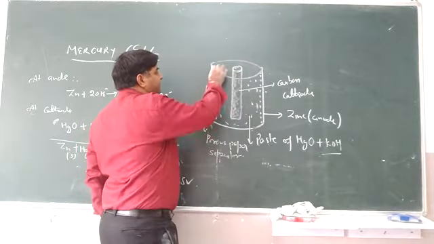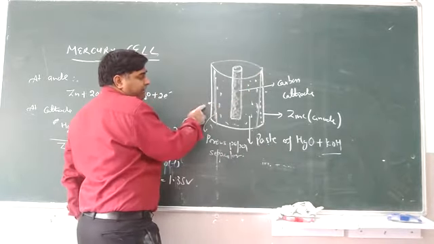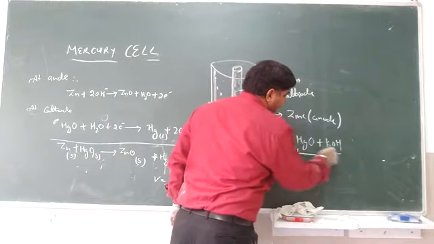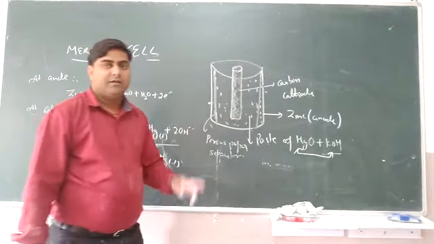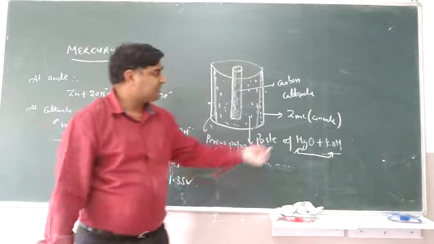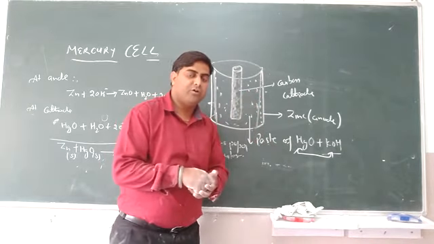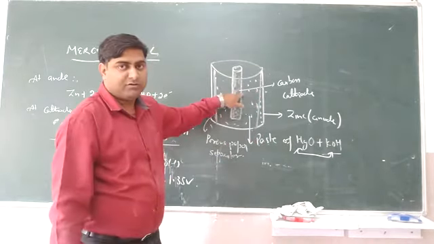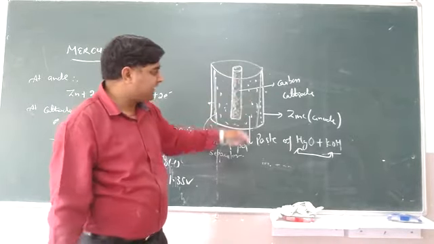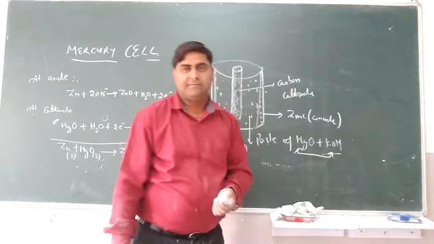This porous paper separates the zinc container from the paste, that is mercuric oxide and KOH paste. Keep in mind, zinc container acts as anode, and carbon rod or graphite rod acts as cathode. This cathode is placed in a paste of mercuric oxide and aqueous KOH, potassium hydroxide paste.